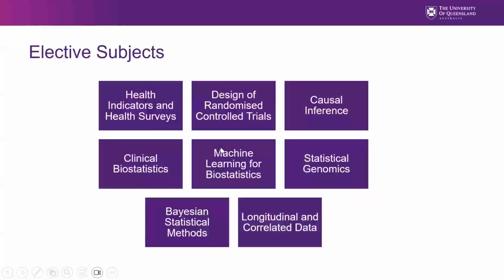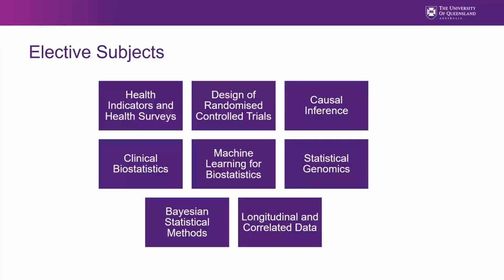Okay, and there's a number of elective subjects as well. You have the opportunity to do at least 4 or 5 elective subjects. So these are some of those. So you can focus on design of clinical trials. There's then some more advanced subjects as well on, for example, causal inference, machine learning, statistical genomics, and Bayesian statistics.